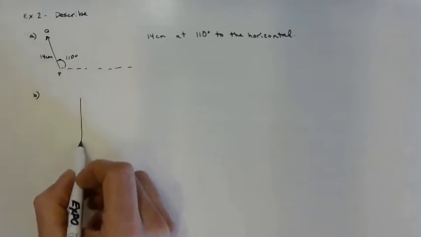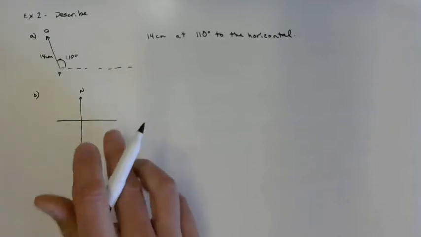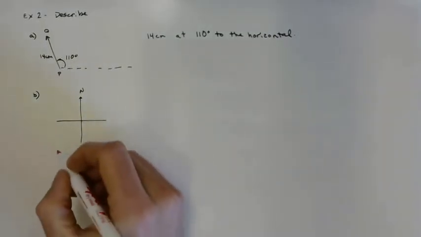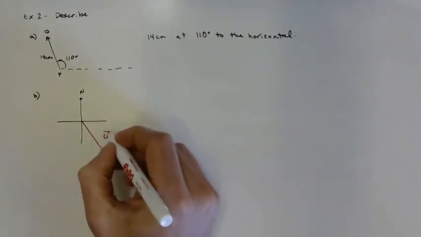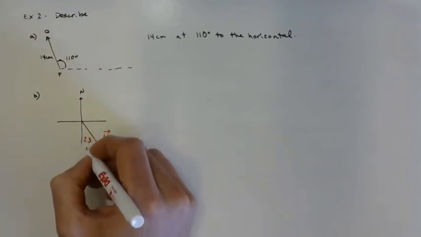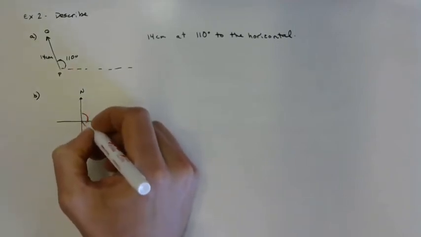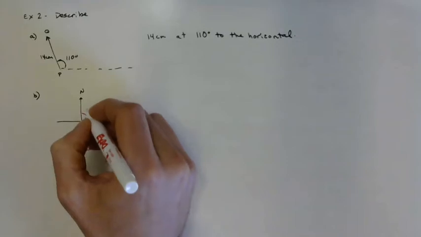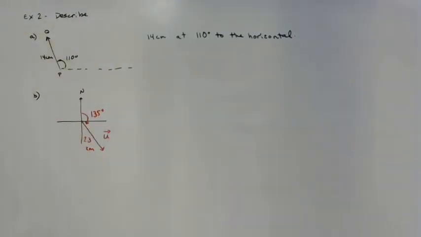Okay, B. B looks like this. We've got north, east, south, west, and we have a picture showing a vector coming out this way. It's called vector U. We're told it is 2.3 kilometers, and we're given the angle from the north clockwise is 135 degrees.